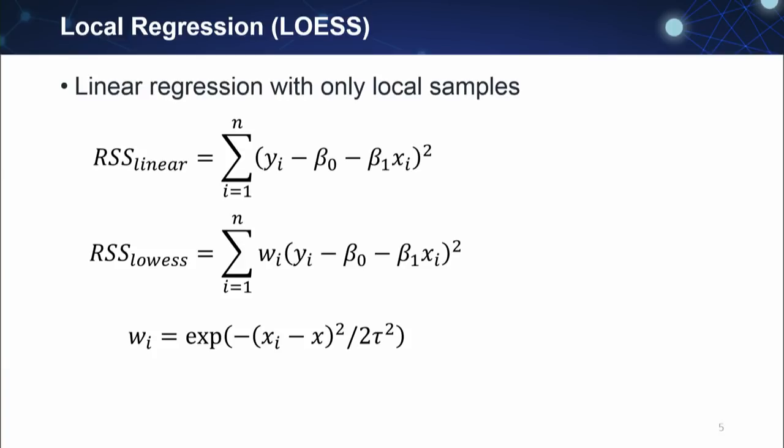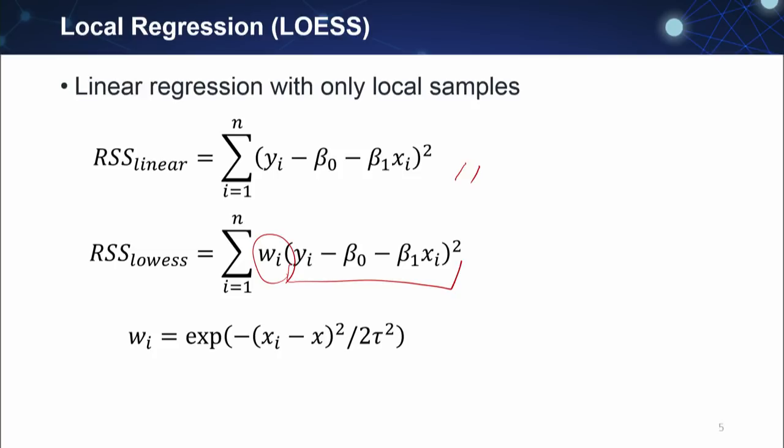Okay, so mathematically, this one can be expressed in this way. The RSS of the ordinary linear regression is given like this, as you've seen from the previous lectures. The RSS of the LOESS is given as a weighted sum of this error, with weight Wi.